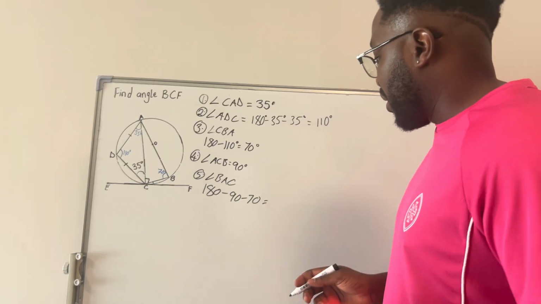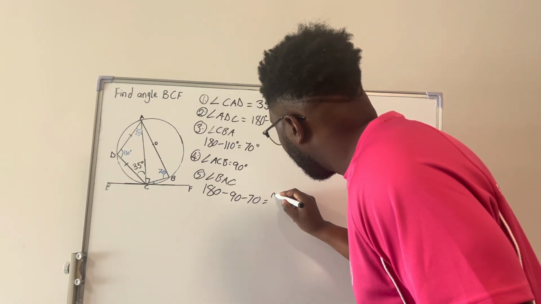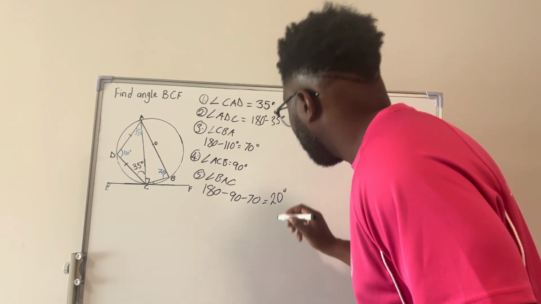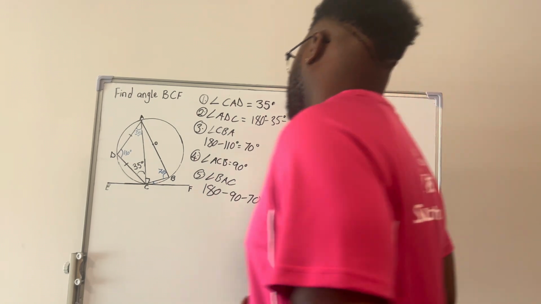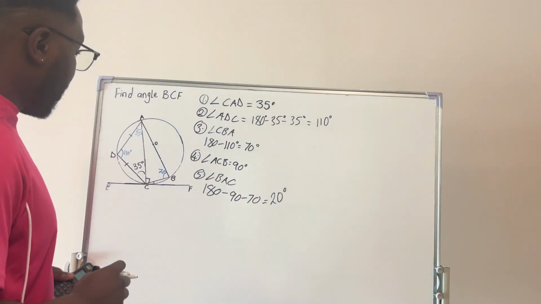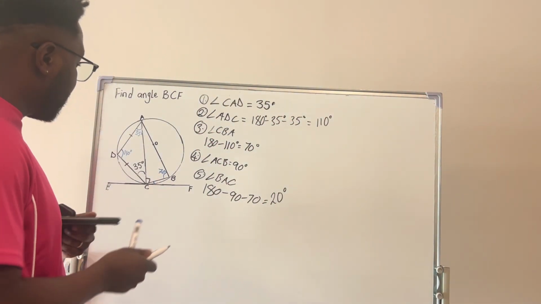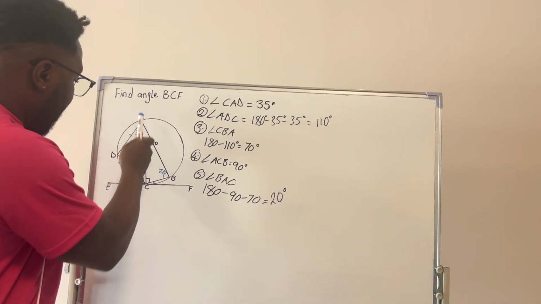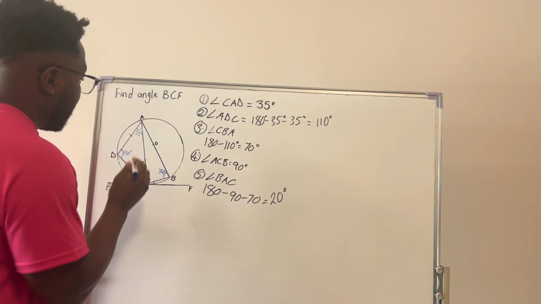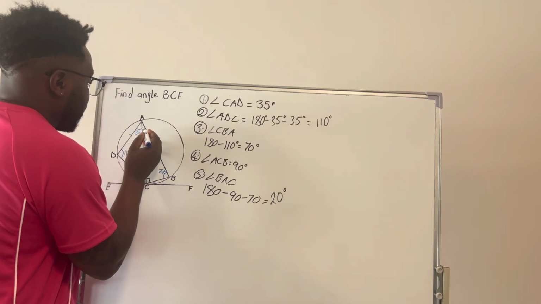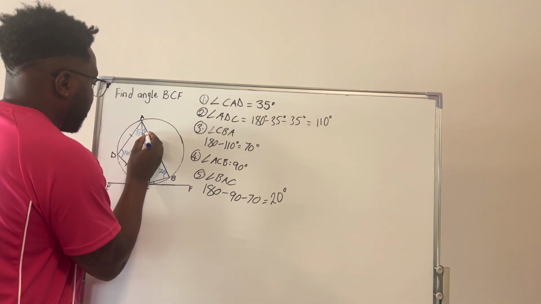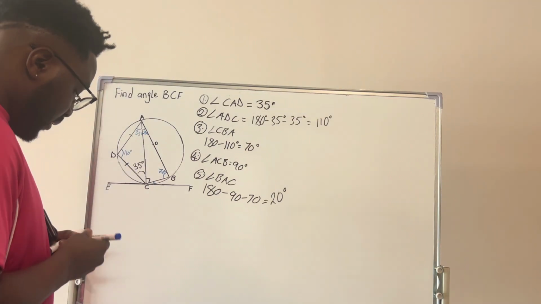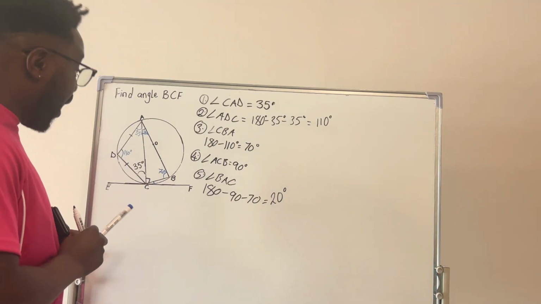I don't have to use my calculator. That should give us 20 degrees. So now that we have found our angle BAC, this angle right here is 20 degrees.